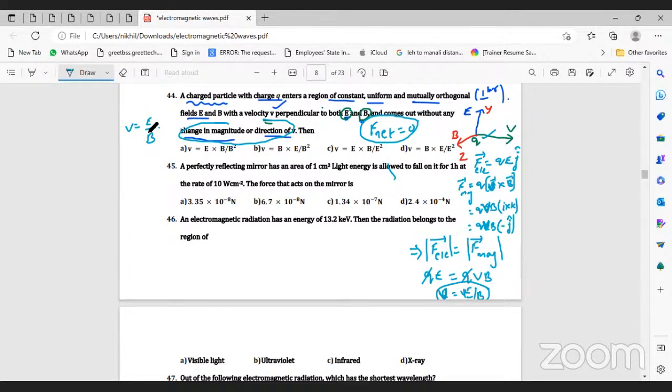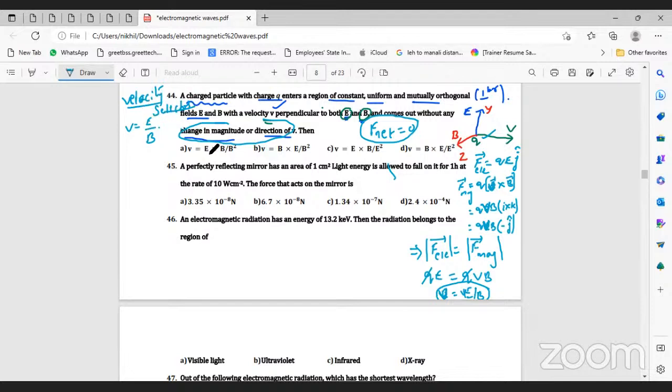Then you can conclude velocity must be equal to E by B. This phenomenon is called a velocity selector.